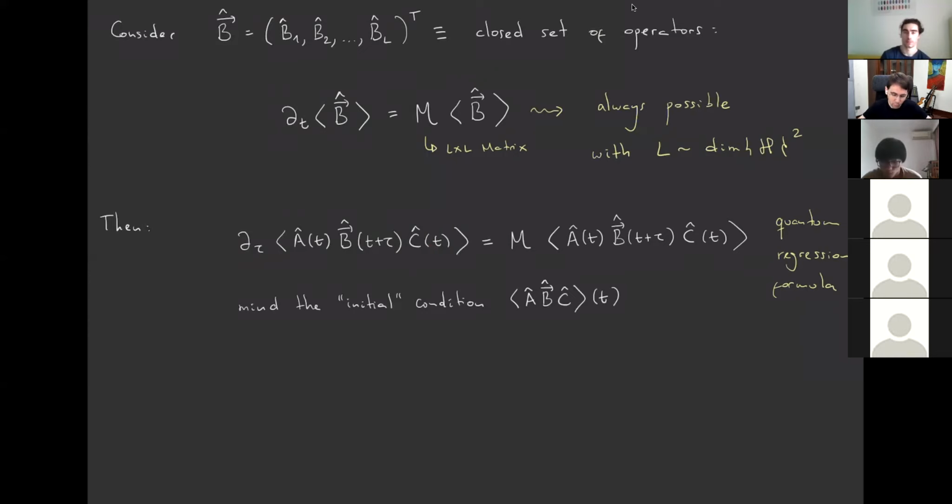So if you want to know the two-time correlation function of A, B, C, what you need to do is solve a linear system. That's very nice, but with an initial condition in which you need to know what is A, B, C at time t. But still, it's a very useful expression, as we will see with one example now.